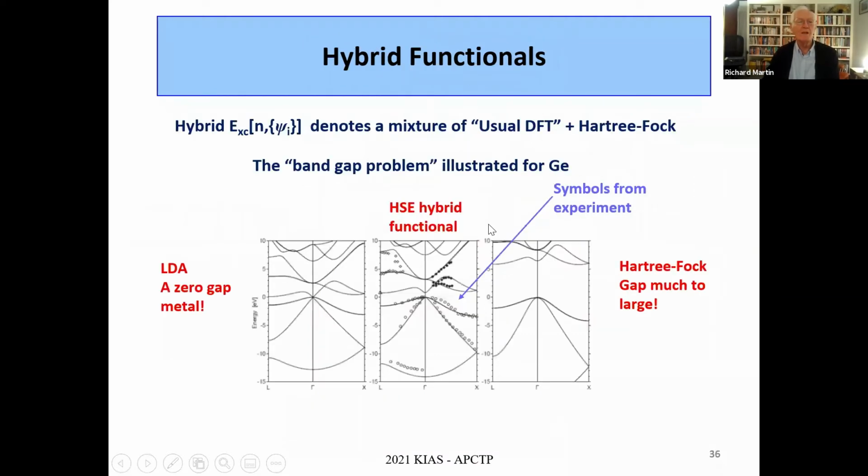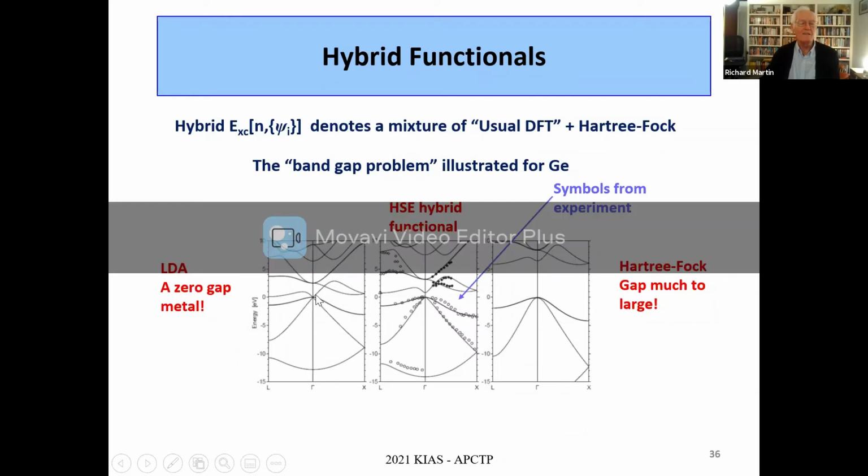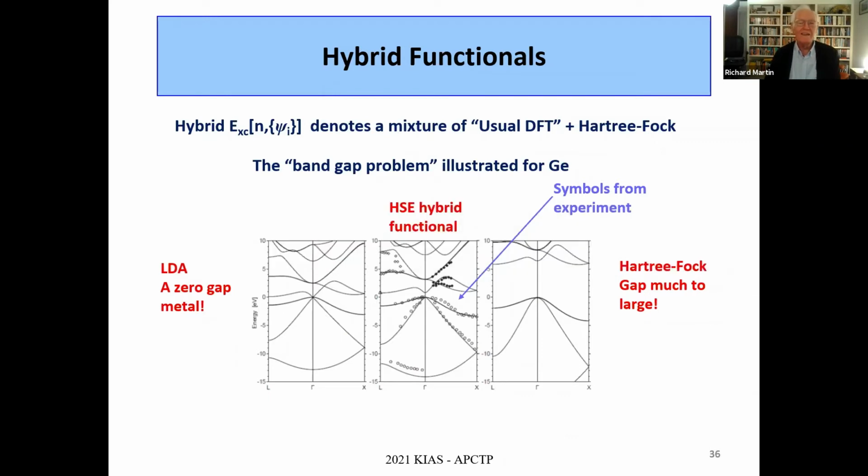So here's an example of the improvement using hybrid functionals. This is germanium, and this is the famous band gap problem, in which germanium is the main example. It turns out to be a metal in local density calculations, zero gap. On the other hand, Hartree-Fock is almost as bad because the gap is so large that it's very, very far from the experiment.